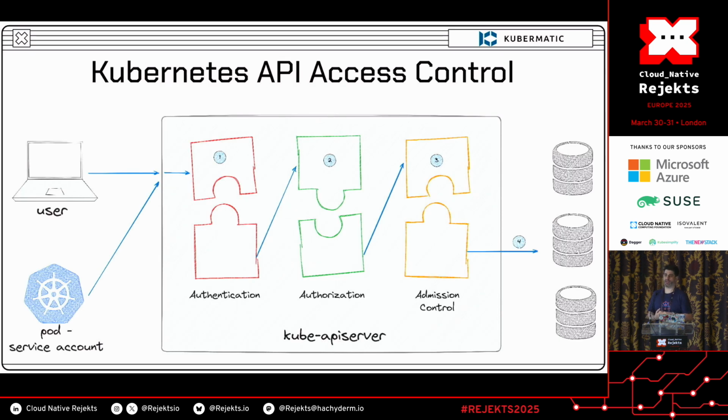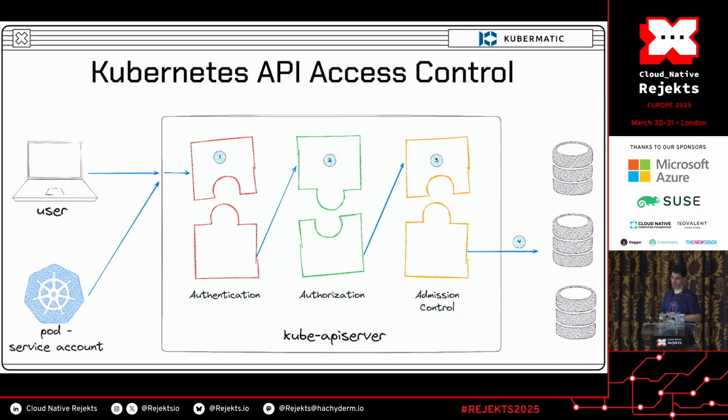So how does the API server take care of access control? When you run a kubectl command, or any pod running inside the cluster wants to make some changes or get some information out of it, there are 3 steps.